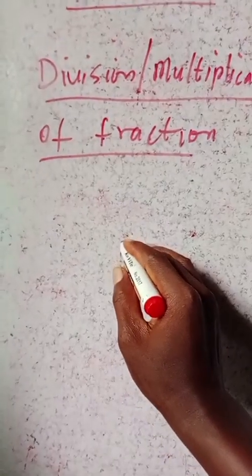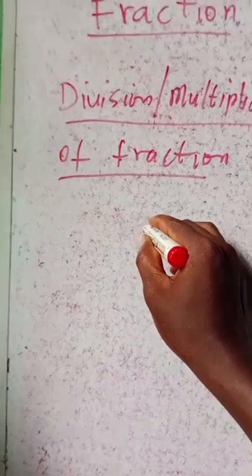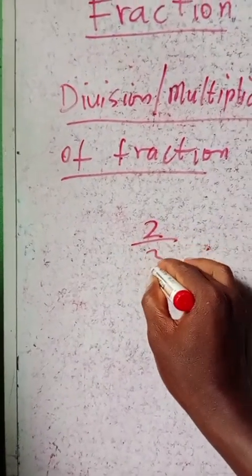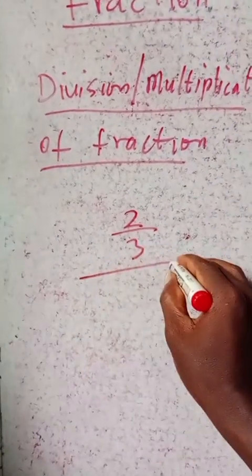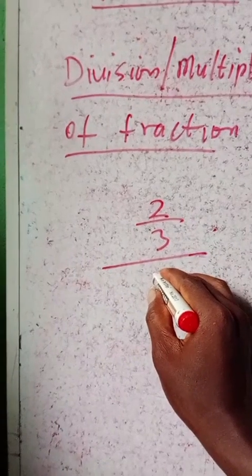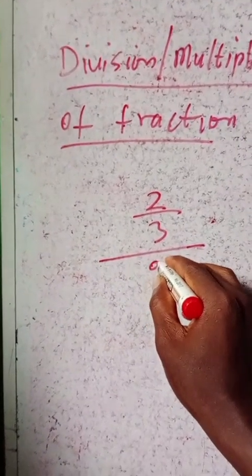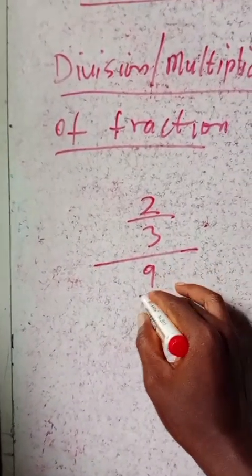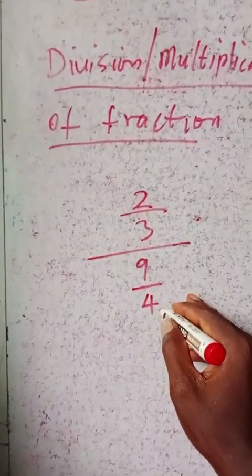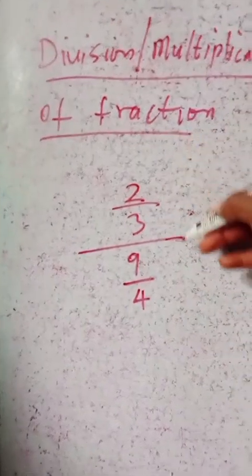Then sometimes the fraction can be like this. Say 2 over 3 divided by, let's say, 9 over 4. You can also have it in this form.